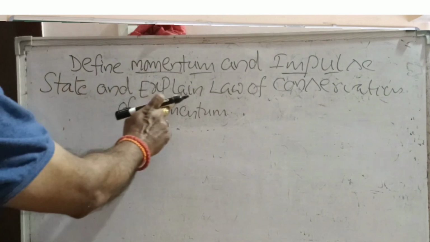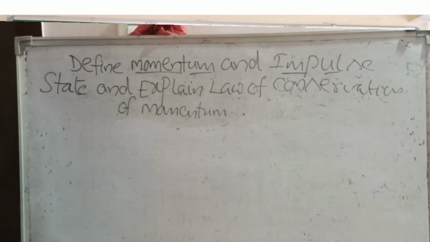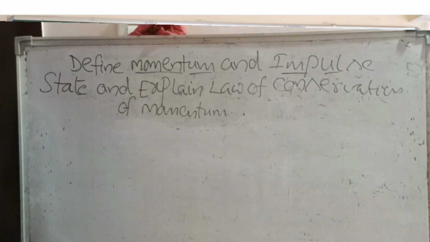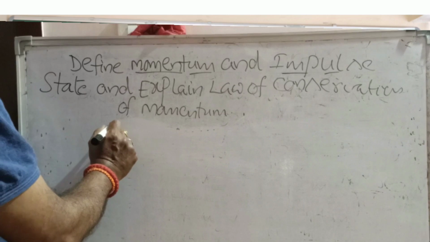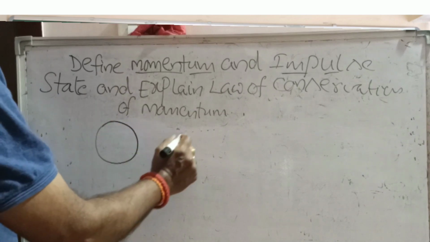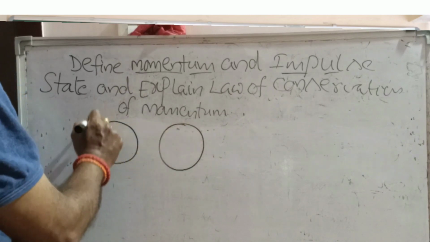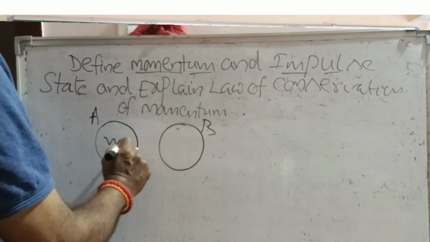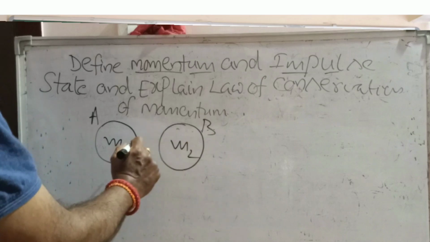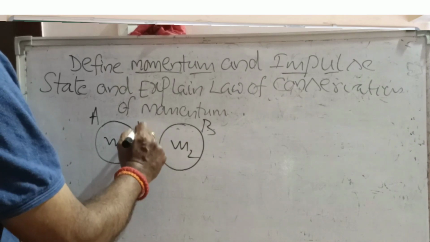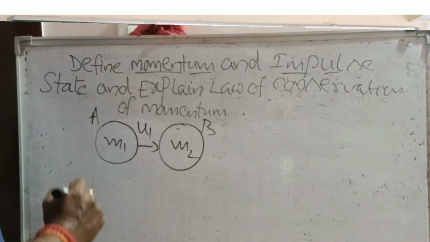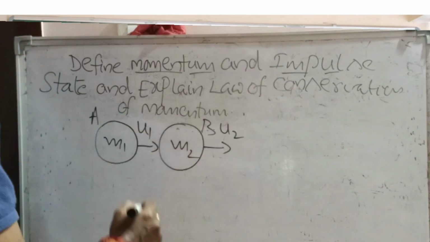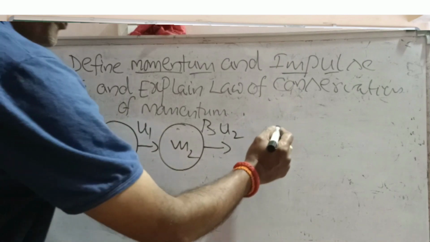By the way, state and explain the law of conservation of momentum. According to the principle of conservation of momentum, let us consider two bodies A and B of masses m1 and m2. The initial velocity of A is u1, and the initial velocity of m2 is u2.